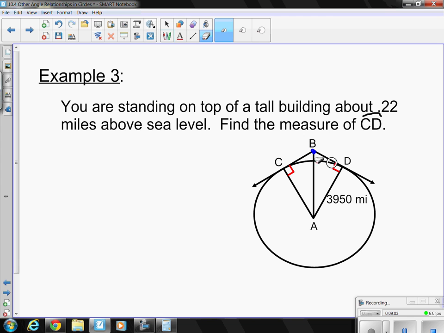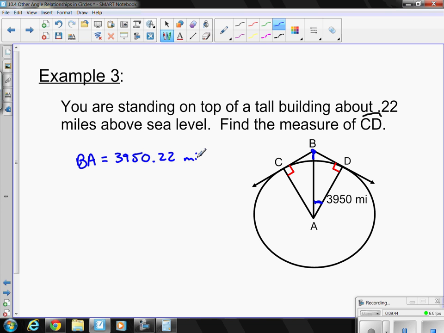In a later chapter, we could take that arc measure and change it to a distance of how many miles you could see. But if I want to find this measure, I want to really find this angle. Now if this is 0.22 miles, and this is 3,950, segment BA, that segment's length is going to be the radius, 3,950 plus that 0.22.